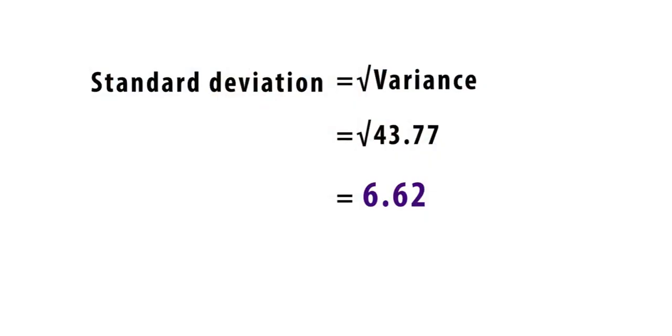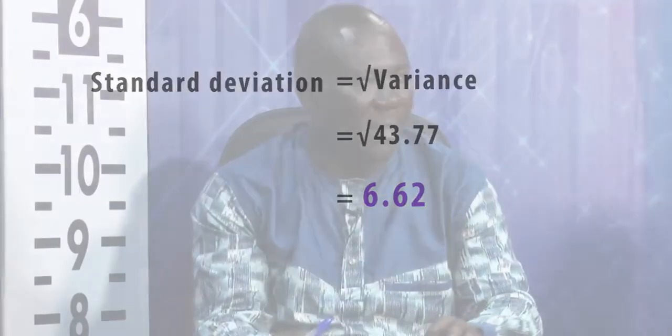The square root of 43.77 gives us 6.62. So the standard deviation for this data is 6.62, and that comes from the square root of the variance. Thank you very much, ladies and gentlemen.